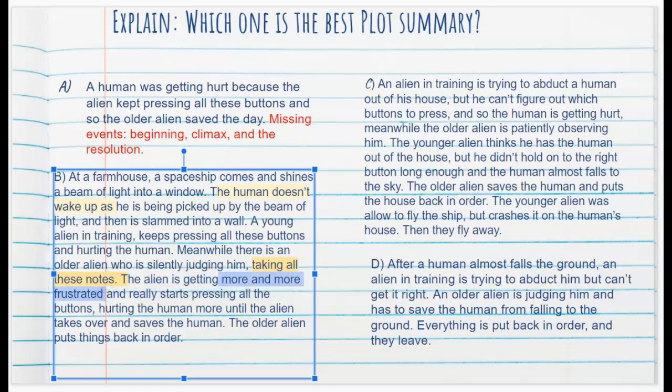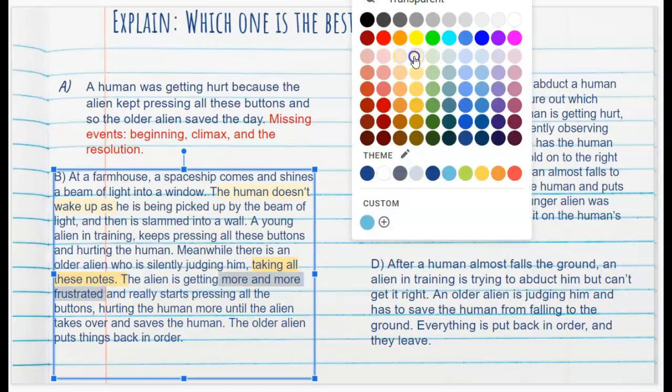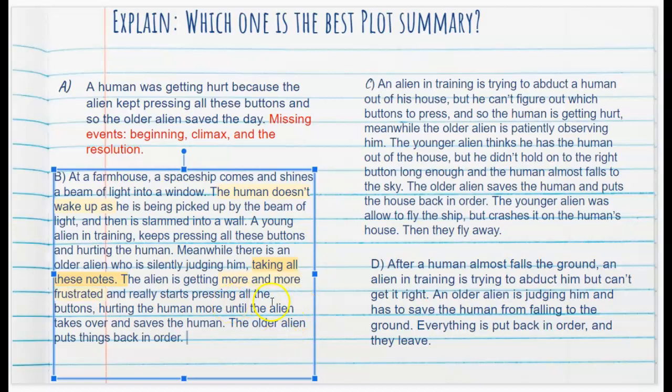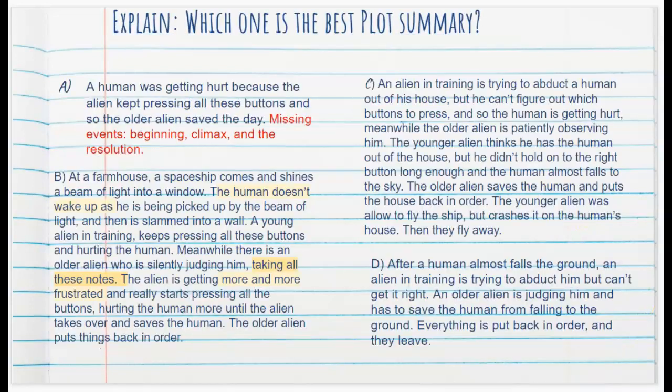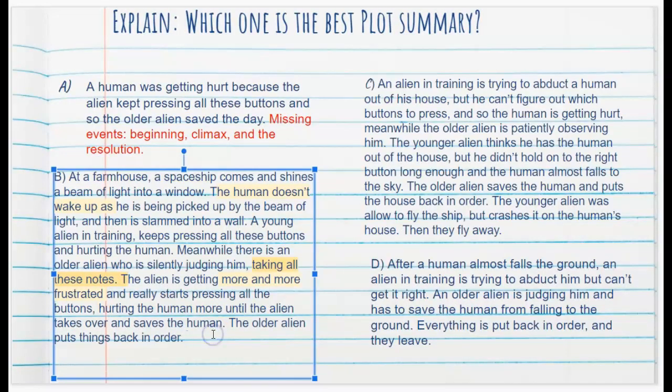They could have just put getting frustrated. Okay. And starts pressing all the buttons, hurting the human more until the alien takes over and saves the human. The older alien puts things back in order. Well, not only is it wordy, but what are we missing? Puts things back together. We don't have my ending right here. So not only is it too many details, we're missing the ending.